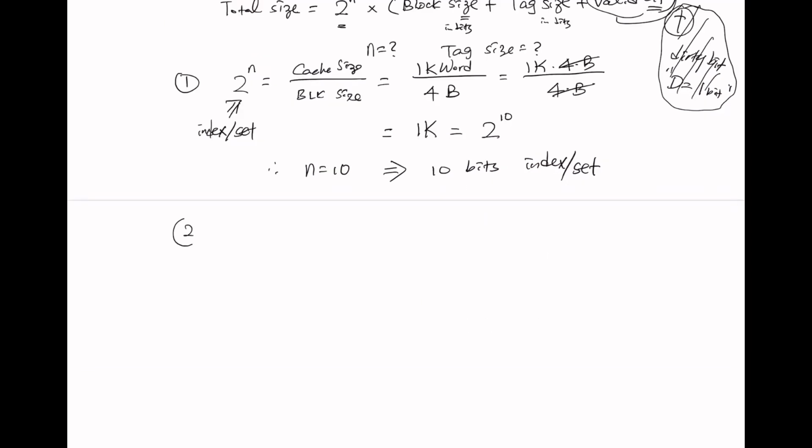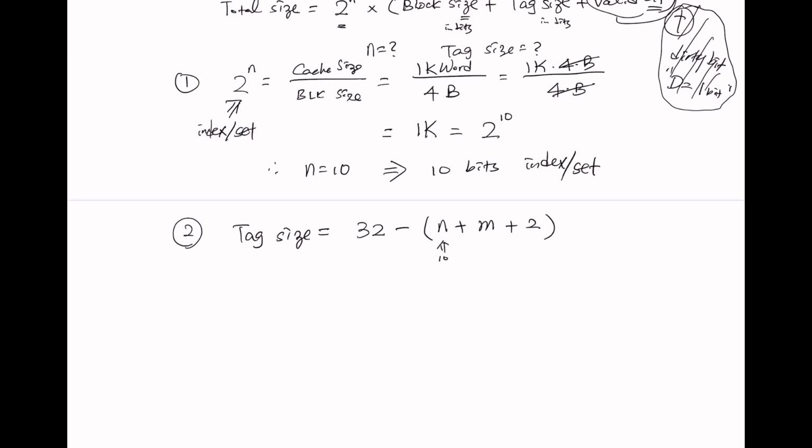Step number 2, how about tag size? Tag size equals the total number of bits for address. In this problem, we have a 32-bit long address. Therefore, 32 minus, within that memory address, we need to subtract n, which is index, and m, and 2. We know this n.